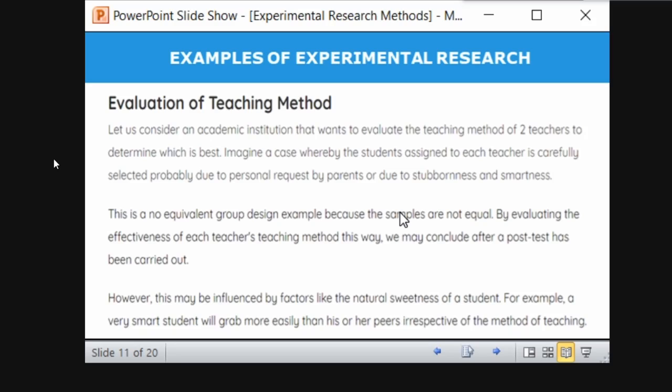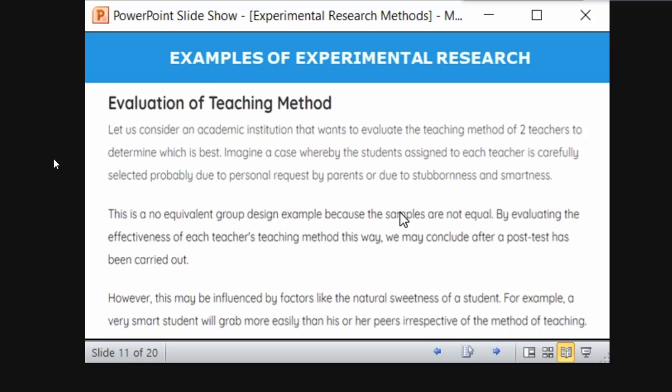So imagine a case whereby the students assigned to each teacher are carefully selected, probably due to personal requests by parents or due to stubbornness and smartness. Here the students are assigned to a particular teacher. There are 2 teachers, but students are carefully selected based on the request of parents.